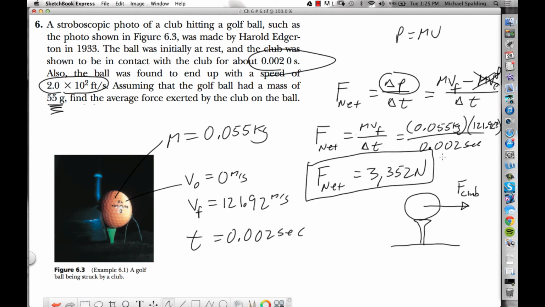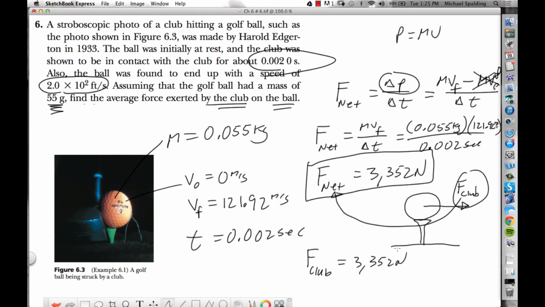Oh, and by the way, is the net force the force of the club? Is there any other force causing the acceleration? So the net force is the force of the club, because it says right here, find the average force exerted by the club on the ball. So the force of the club is 3,352.